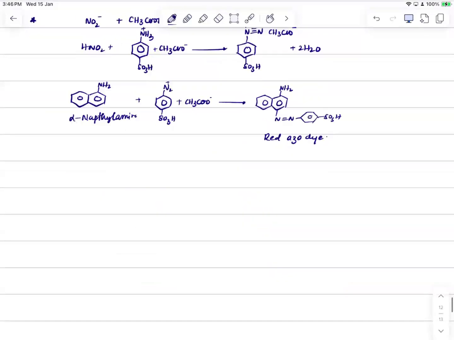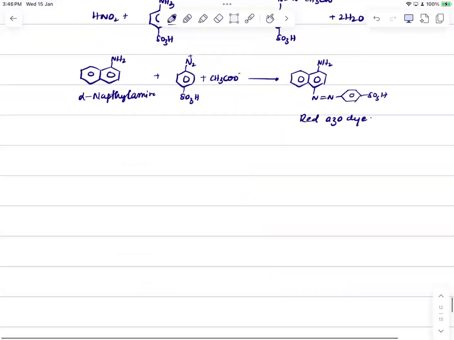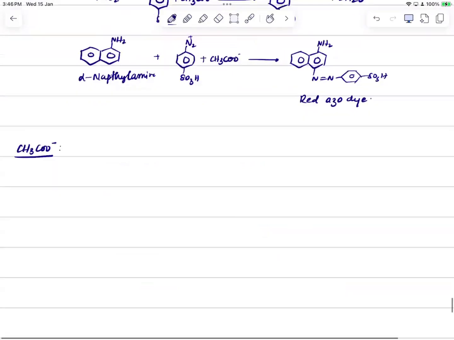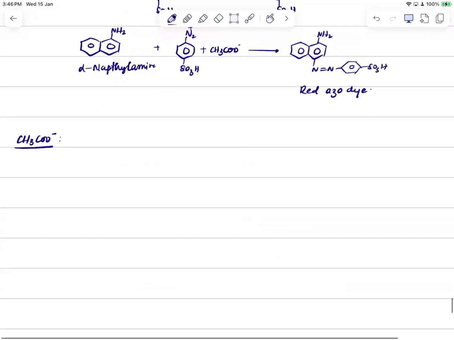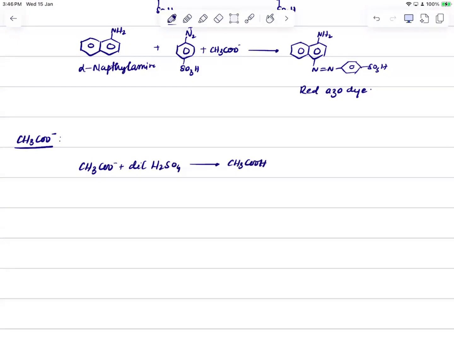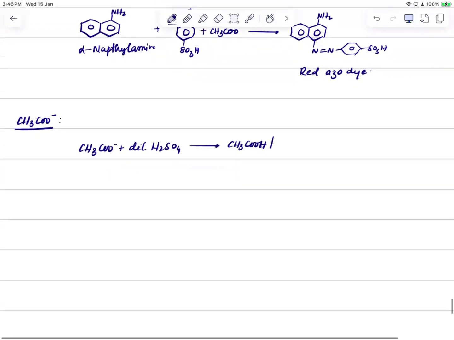Okay. Next. If you see the test for acetate, CH3COO minus, I'll come to the brown ring test along with NO3 minus. First, let me finish CH3COO minus. So CH3COO minus, if you treat with dilute H2SO4, correct? So that will convert into CH3COOH, which will be vinegar-like vapors.